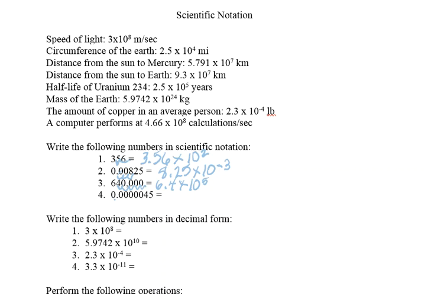Number smaller than 0, 1, 2, 3, 4, 5, 6. So it's 4.5 times 10, less than 0, so it's negative. 1, 2, 3, 4, 5, 6, negative 6. So that's how we switch into scientific notation. Now let's do the other way and switch out.